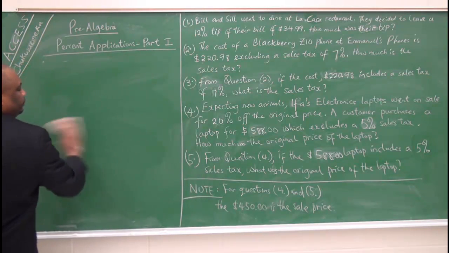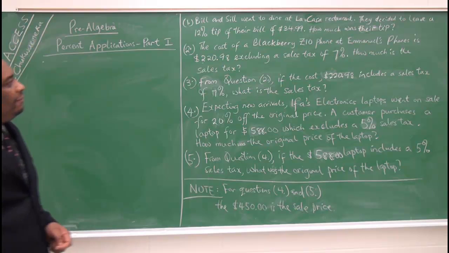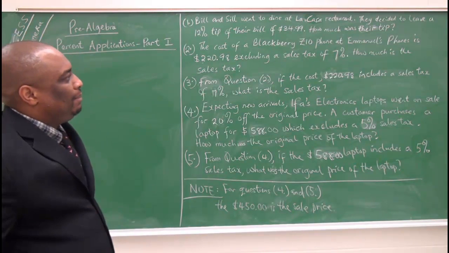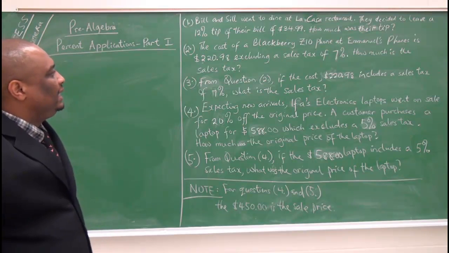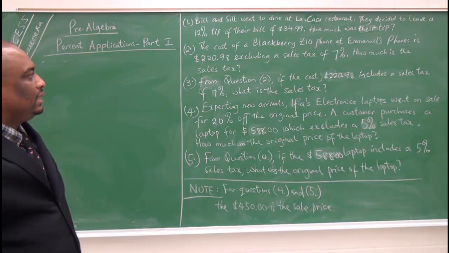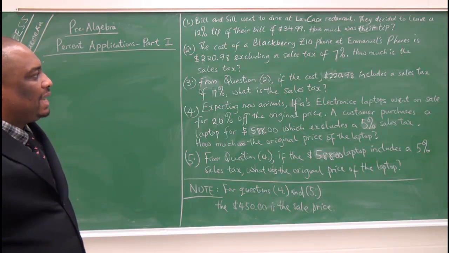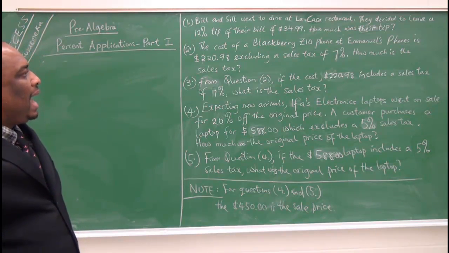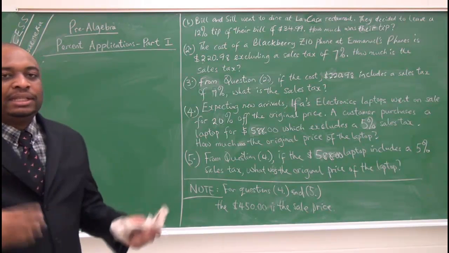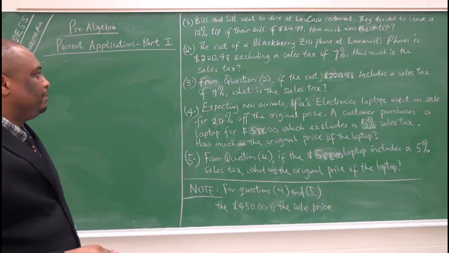Number 2, the cost of a BlackBerry Z10 phone at Emmanuel's Phones is $220.98, excluding a sales tax of 7%. How much is the sales tax? So this excludes sales tax of 7%.